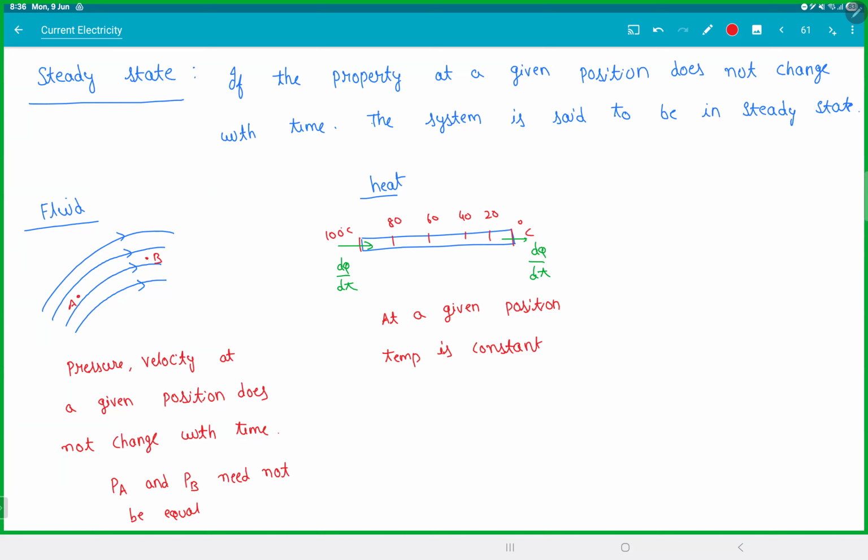Now in current electricity, when we say, let's say you have nodes like this, each node's potential remains constant. Charge on the capacitors remains constant. Current in the branches remains constant.